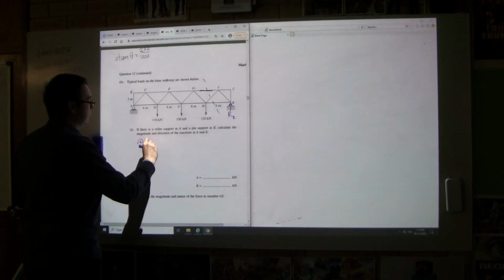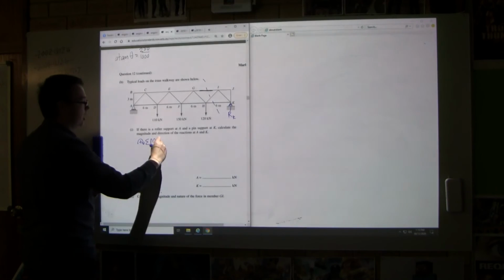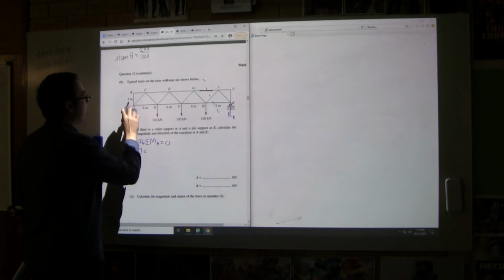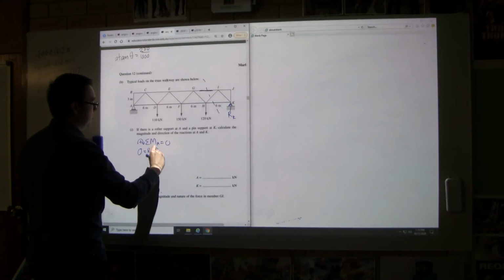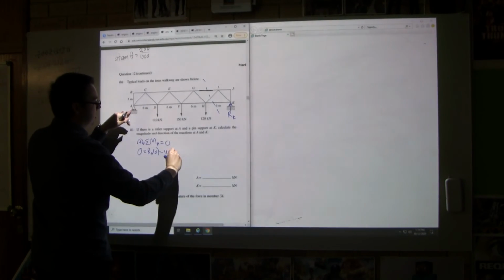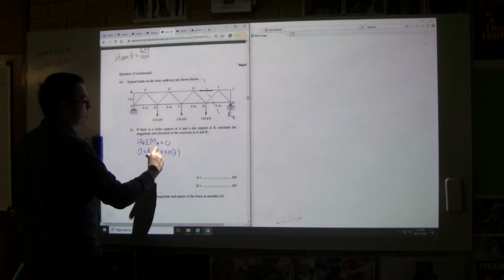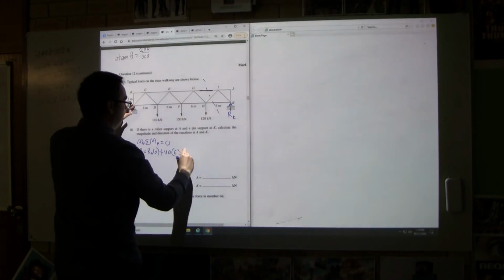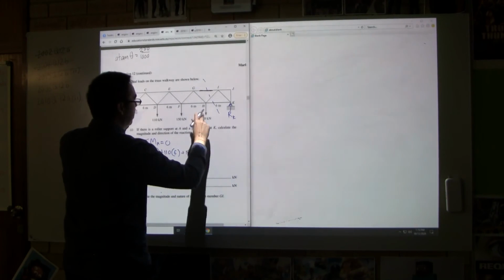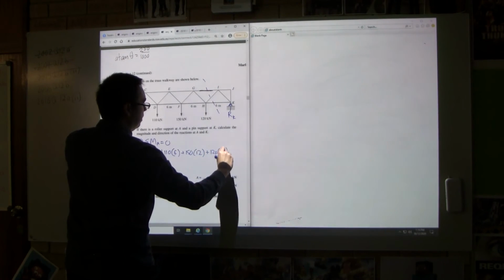So I'm going to sum the moments about A, because I want to find K, so I have to eliminate A. Sum of moments equals 0. I've got RA times 0, and then minus 110 times 6. That's clockwise. Then clockwise 150 times 12, and then clockwise 120 times 18.